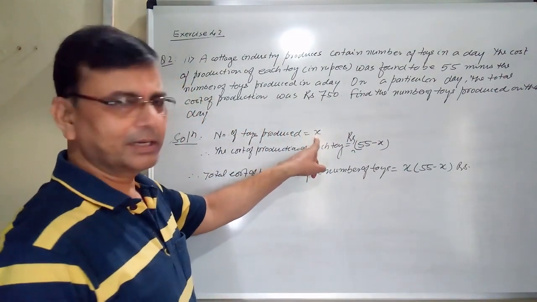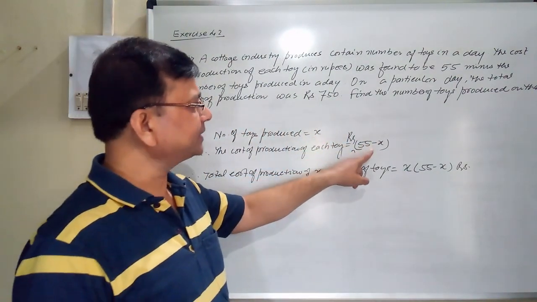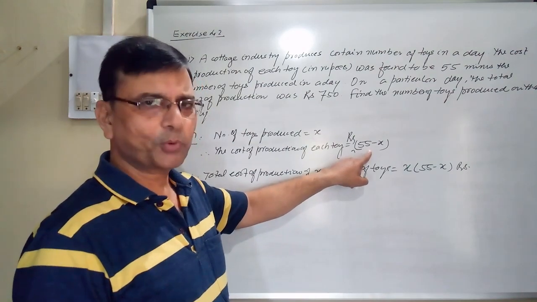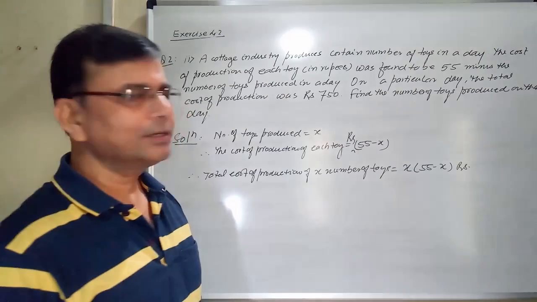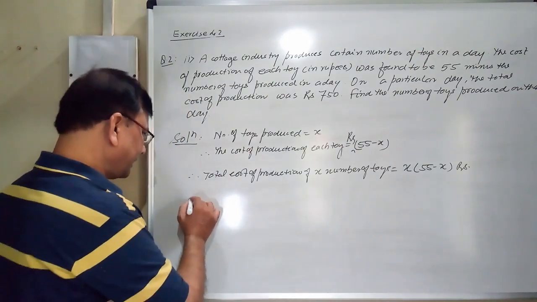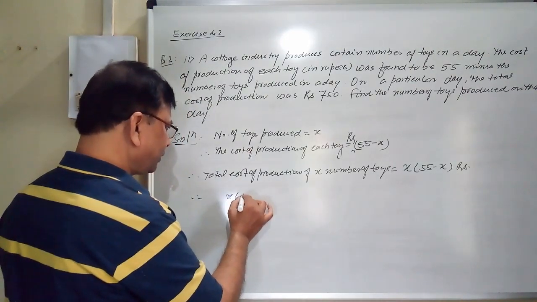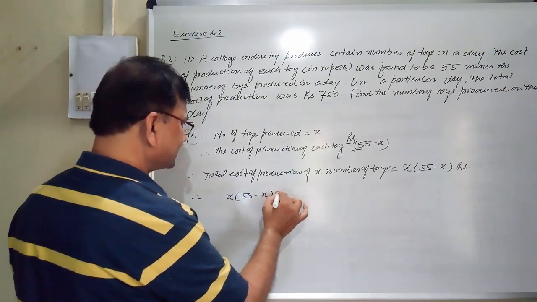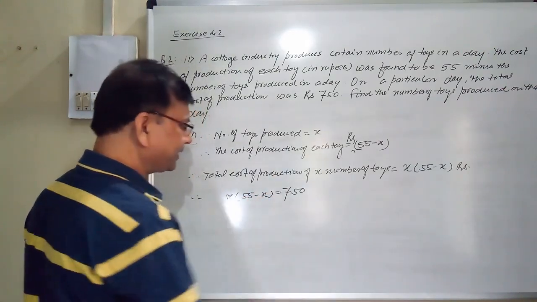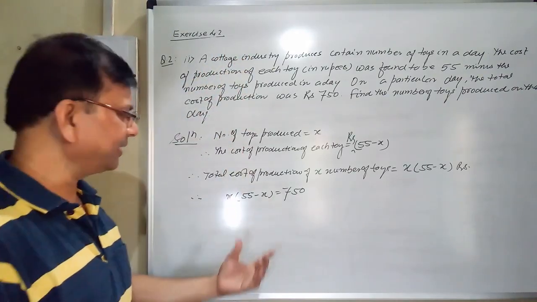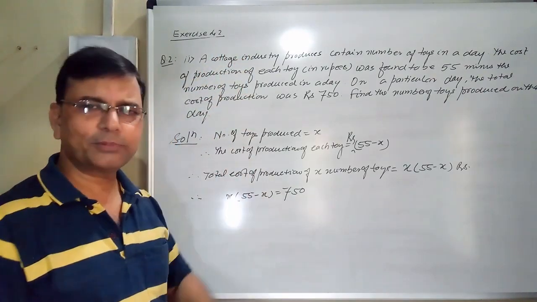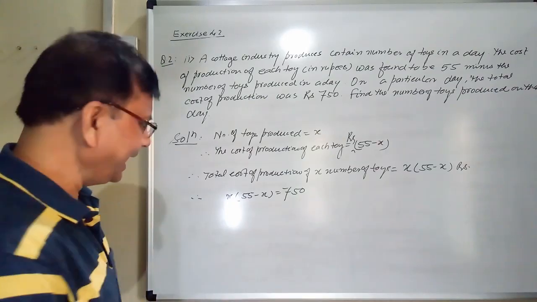Because x number of toys are produced, for each toy this is the cost of production, so total cost is this much, and total cost is given to be 750 rupees. Therefore x into 55 minus x is equal to 750. Means the statement has been converted into mathematical form. Now we will solve this and find the value of x.